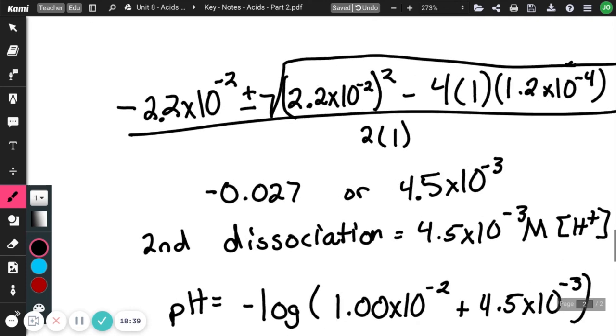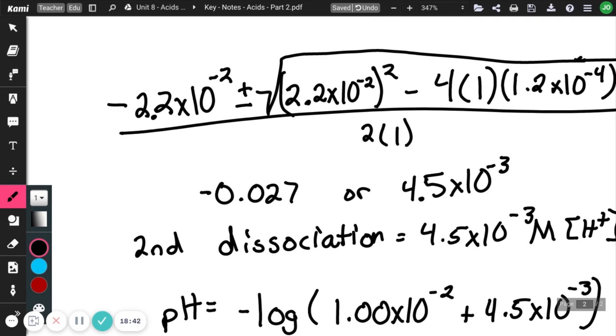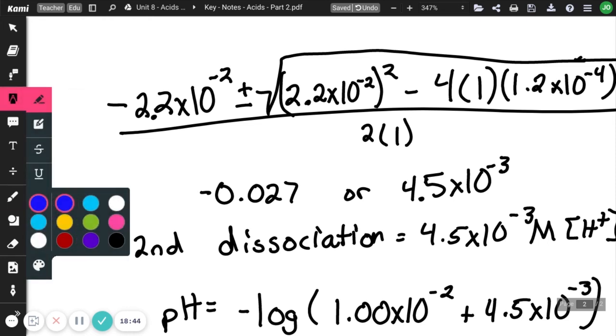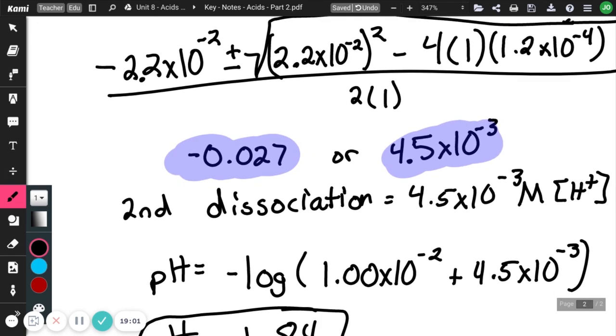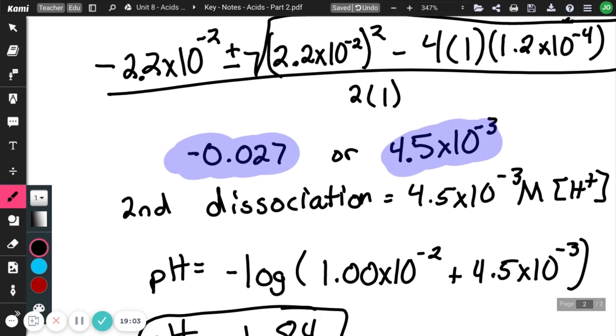We plugged it in, and what we found is that we could have gotten an answer of either 0.027 or 4.5 times 10 to the negative 3. Okay, so I chose the 4.5 times 10 to the negative 3 because it is a positive value. We're not going to have a negative concentration here. So what I found is that my second dissociation was 4.5 times 10 to the negative 3.